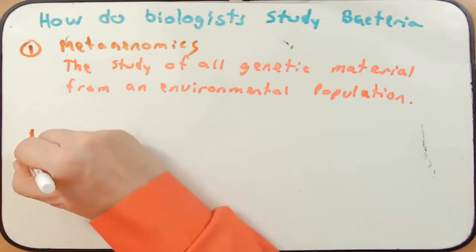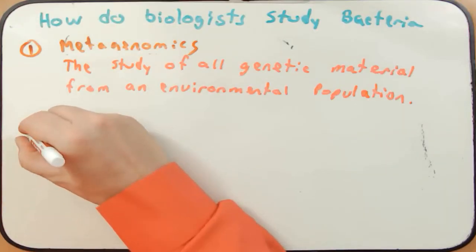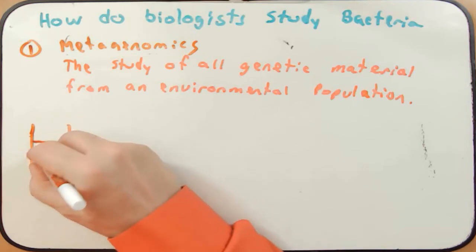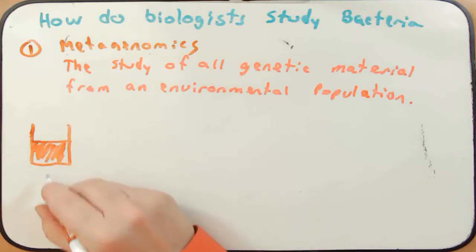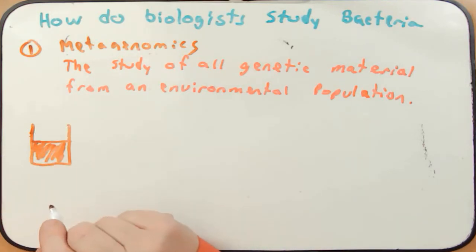Let's say that a biologist brings in from the field a sample of soil. We know this sample of soil has thousands of different species of bacteria and archaea in it. We know if we culture this on a petri dish, we're not going to identify all the species in this soil. We're going to miss a lot because not all bacteria or archaea are culturable.